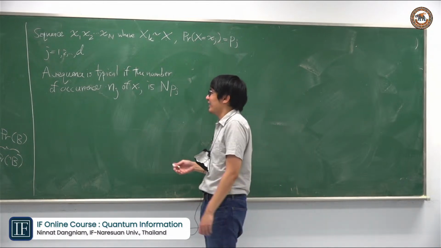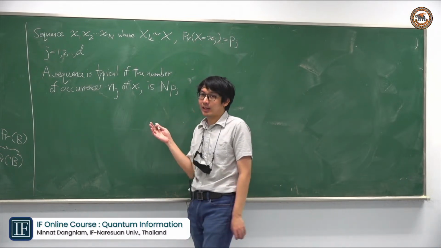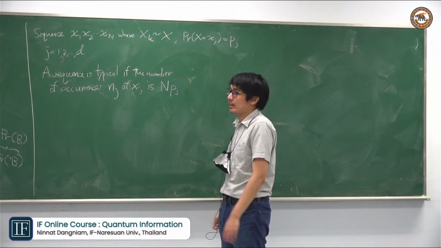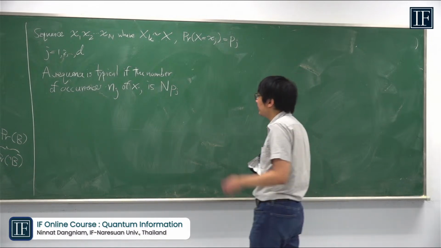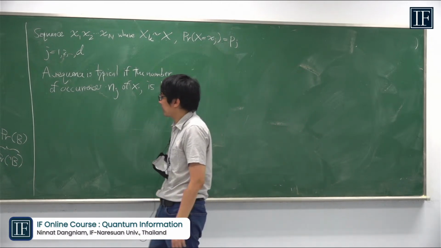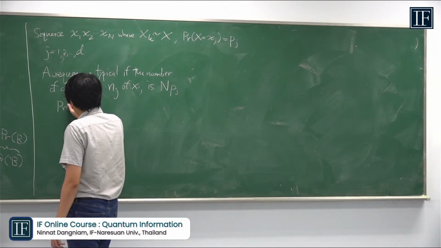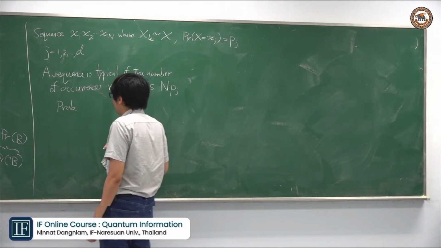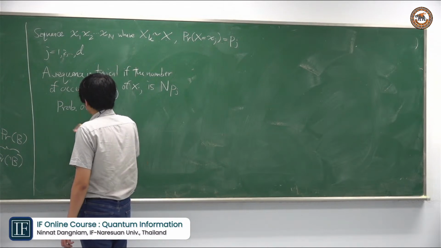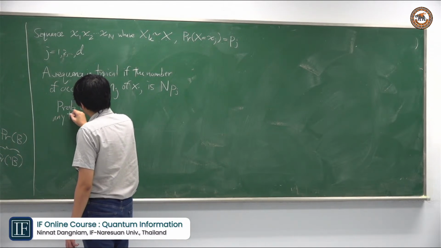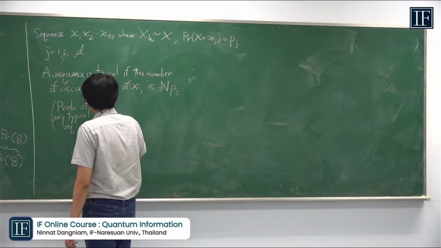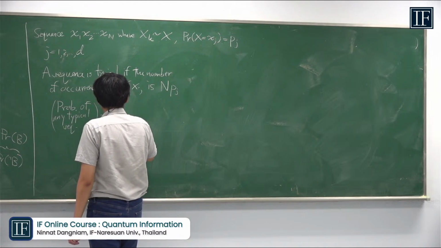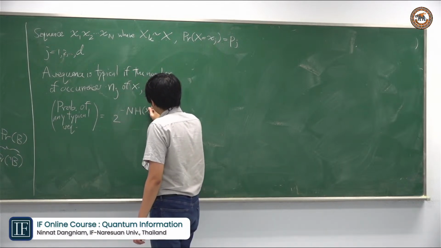Of course this can only be the case in the large n limit, right? Because n_j has to be an integer, but usually n times p_j is not an integer. Then I showed that the probability of finding any typical sequence is, last time I used log base 2, it's this.